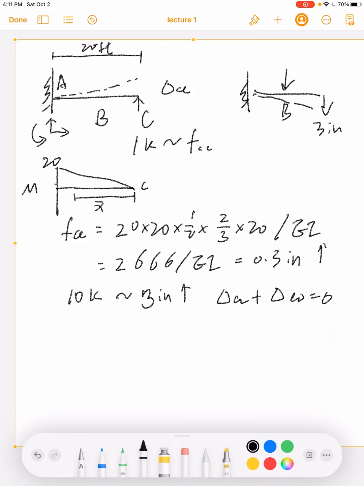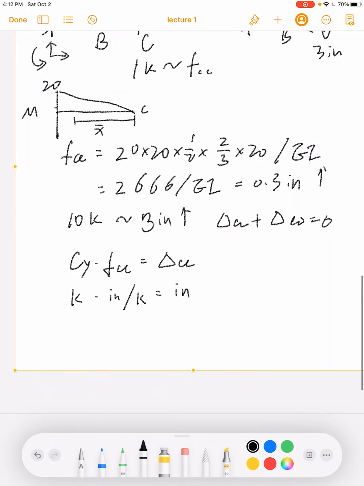So what we have here is CY multiplied by the flexibility coefficient equals delta CC. CY is a force, so the unit could be just kips. And FCC is the deflection per force, so I'll just make it inches per kip. And the unit of deflection here will just be inches, right?